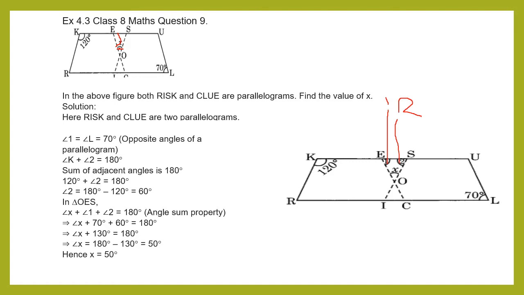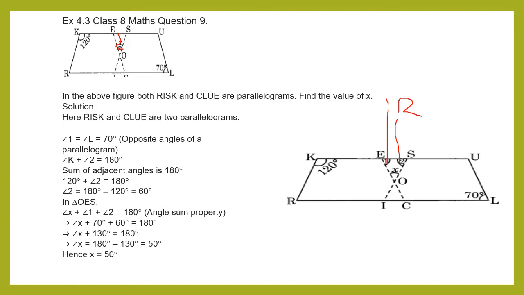Why? Because if we consider the parallelogram CLUE, the opposite angles L and E are equal to one another, so angle 1 is equal to 70 degrees.